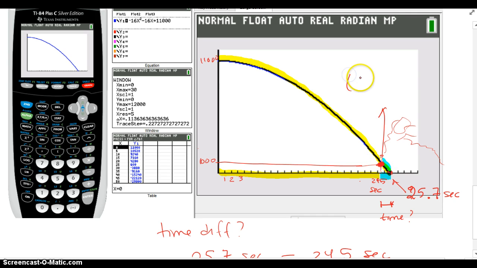Right here is 24.5 seconds and 1,000 feet. And here is my answer to part D. Let's get rid of the skydiver, shall we? 25.7 seconds, 0 is when the marker hits the ground. So those are the ordered pairs that correspond to parts C and D. And that's it.